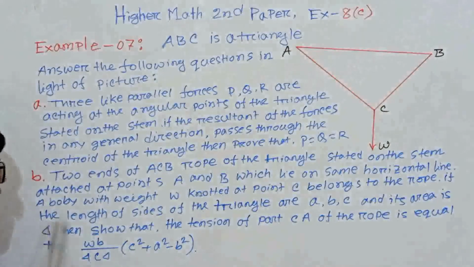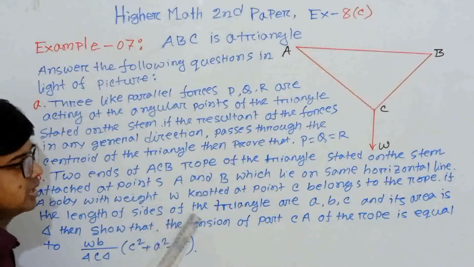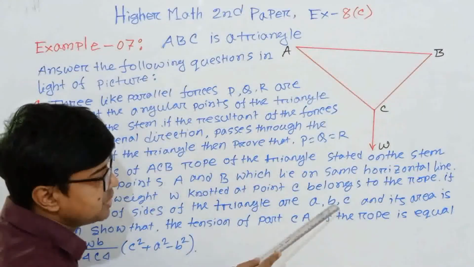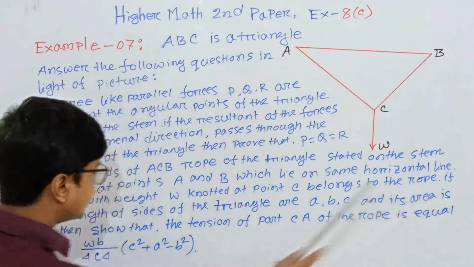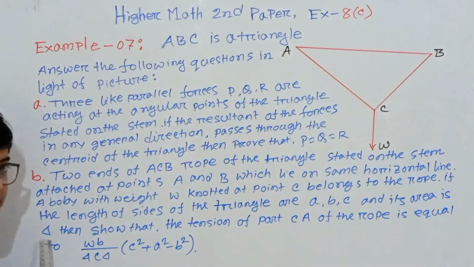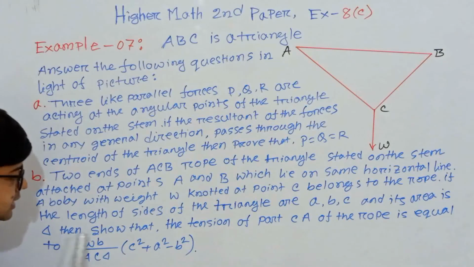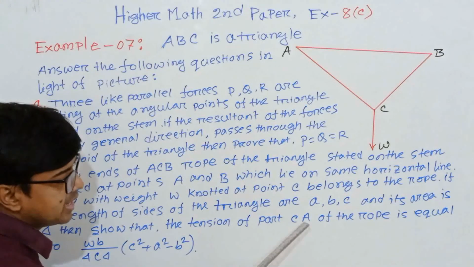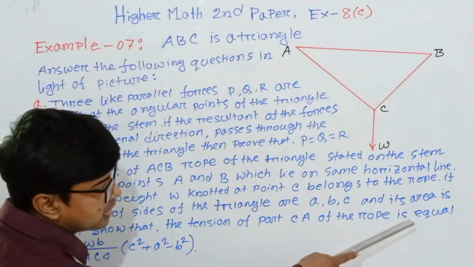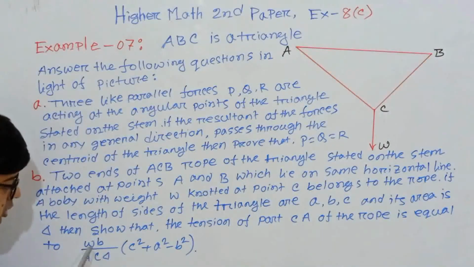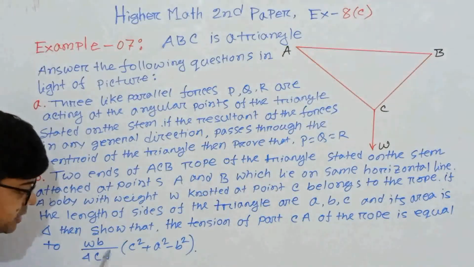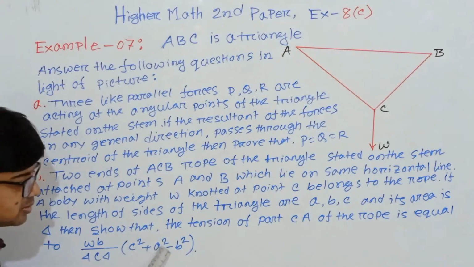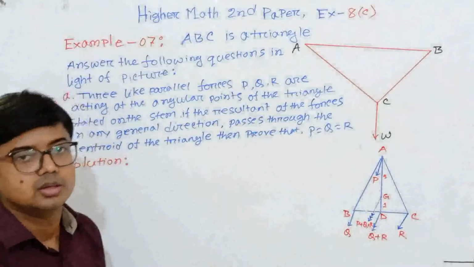If the lengths of the sides of the triangle are a, b, c and its area is delta, then show that the tension of part CA of the rope is equal to Wb divided by 4 delta times c squared plus a squared minus b squared.